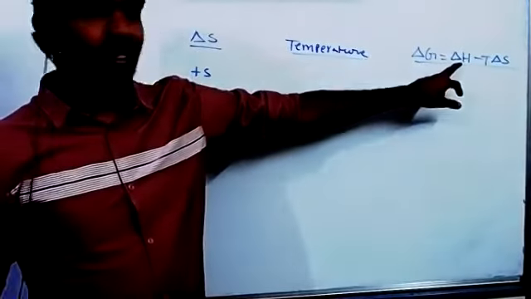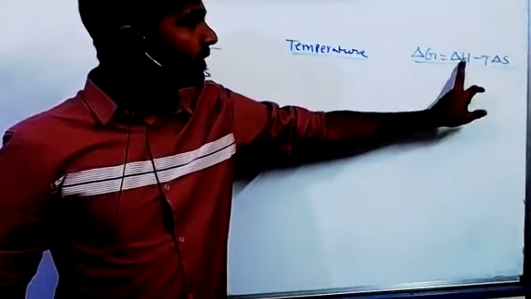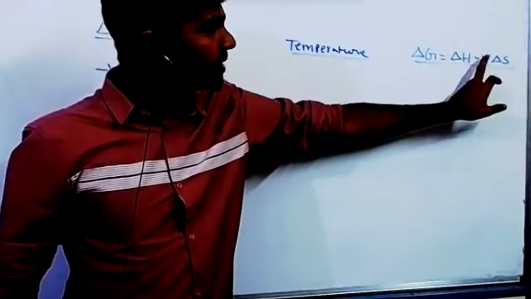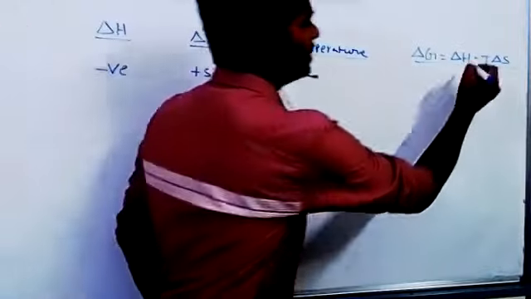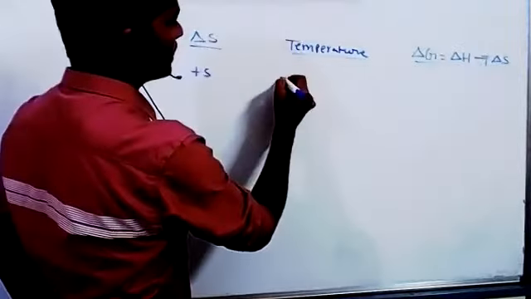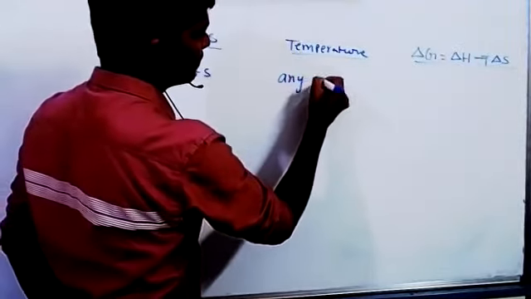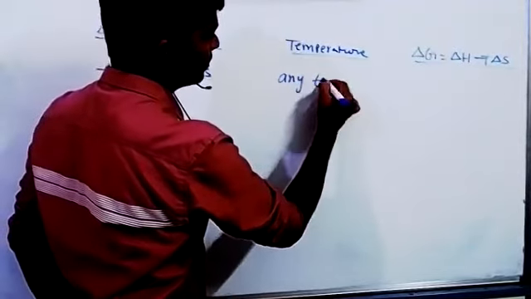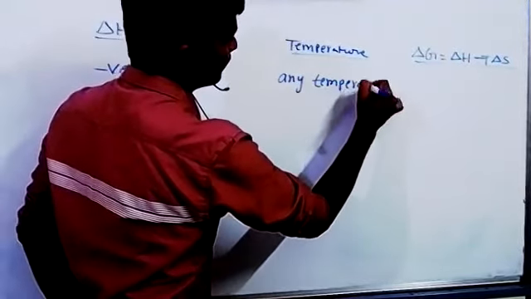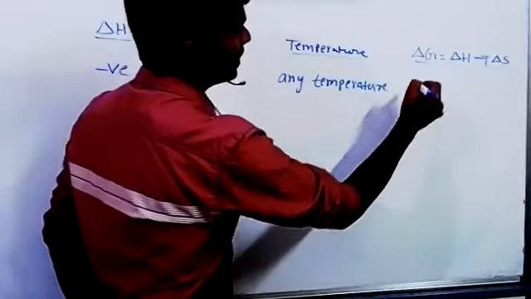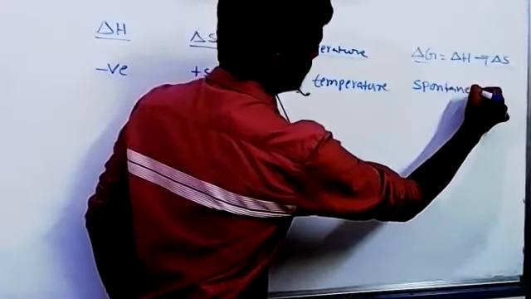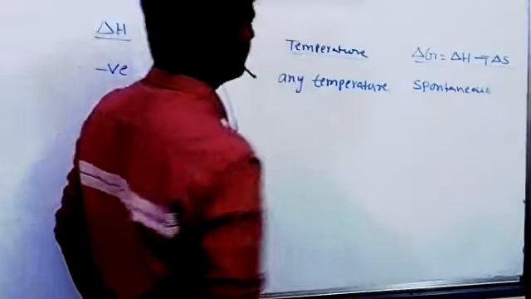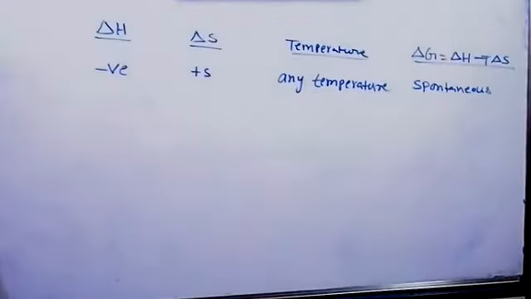Delta H is negative, delta S is positive, minus into plus is minus only. So the overall value is also minus. So delta G is a negative value only. So at any temperature, the process is spontaneous. Okay, next.